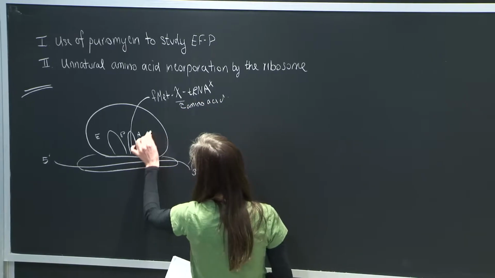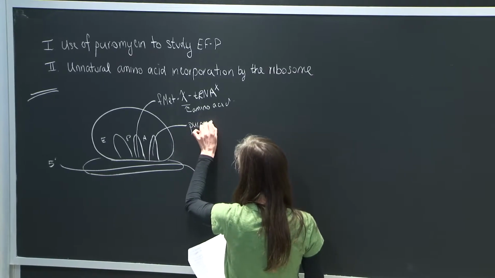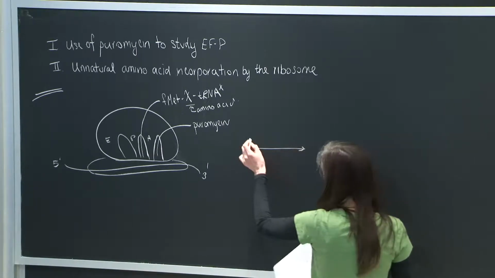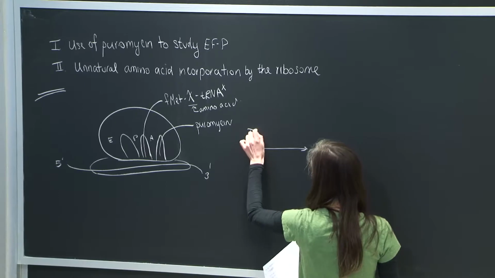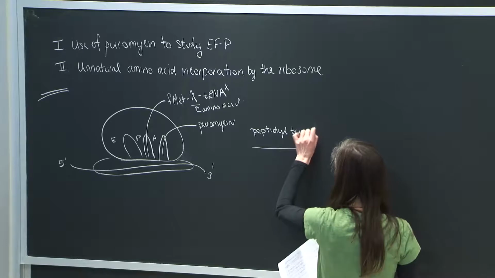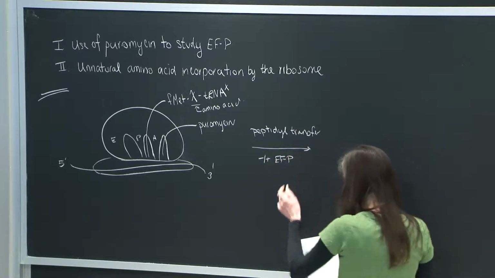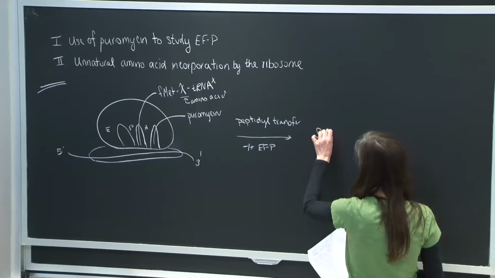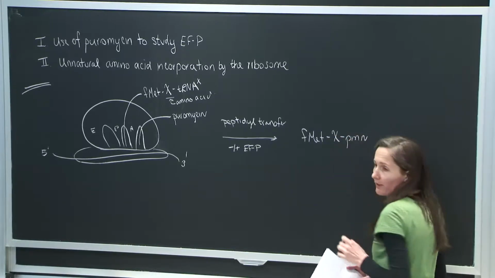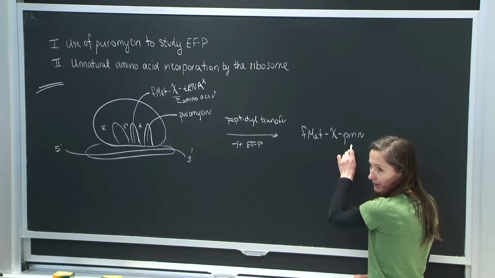Then they want to have puromycin in the A site, and monitor for peptide bond formation with or without EFP added, such that the product is effectively a tripeptide where we have F-met, the amino acid, and puromycin.